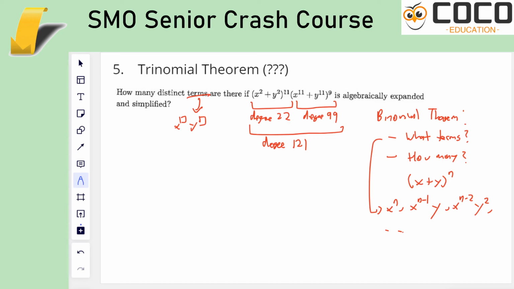To count how many, since the total is fixed, I only need to count how many different possibilities there are for x. So the first bracket will give you x has 22, 20, 18, 16, all of the things down to x to the 0, which is 1.